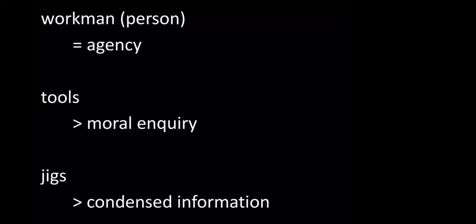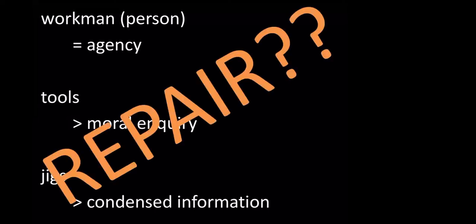Crawford tells us that for humans, tools point to the necessity of moral inquiry, taking them from ambiguous to usable objects and making concrete our potential for affect on the world. So jigs as useful methods of condensing information can also be used as discussion points, taking them from ambiguous to usable. But what of repair work where each break needs addressing individually?